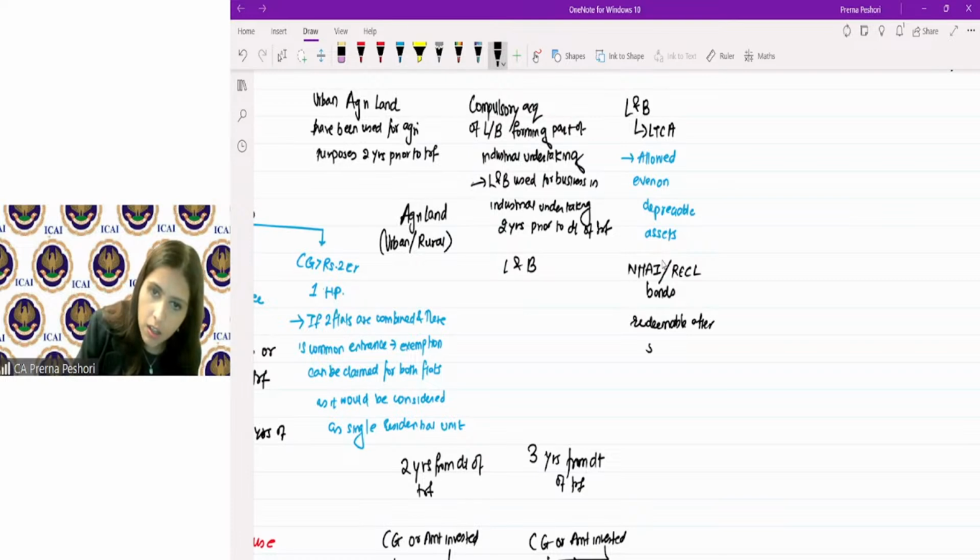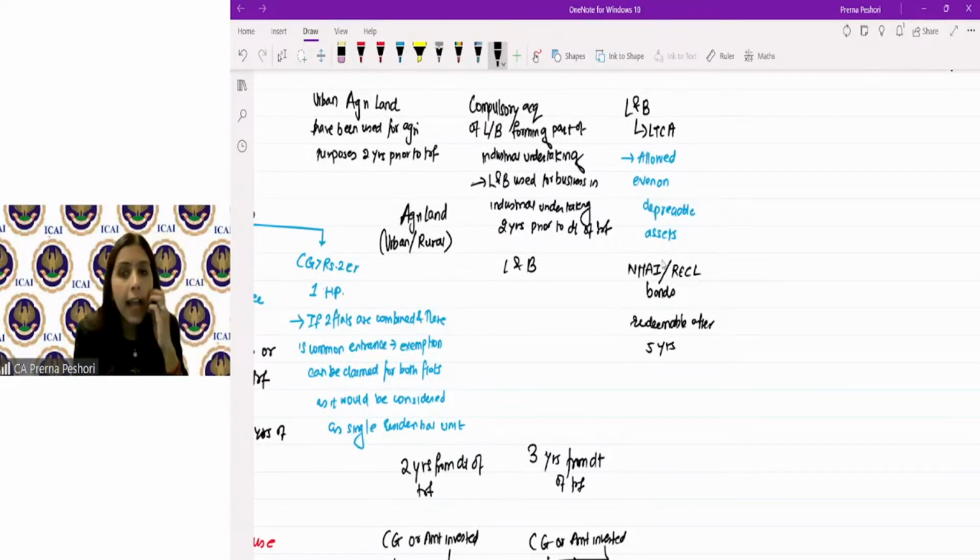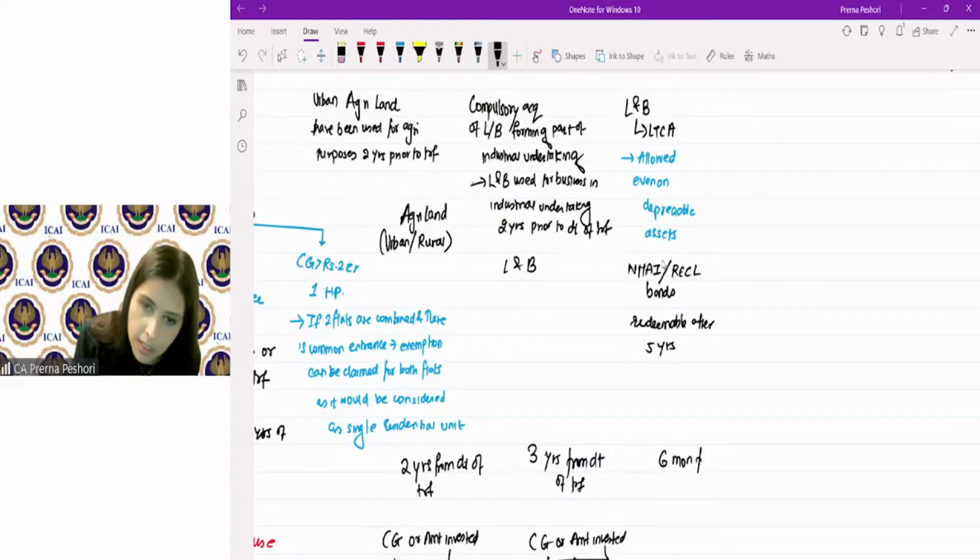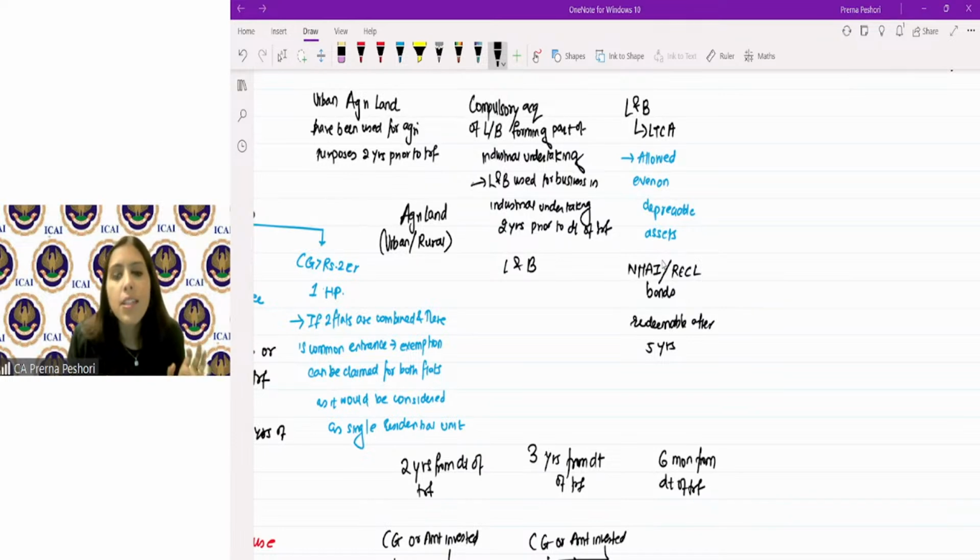And in what time frame does this have to be invested? This has to be invested within 6 months from the date of transfer. So within 6 months from the date of transfer, the amount should be invested in these specified bonds, which are NHAI or RECL bonds.